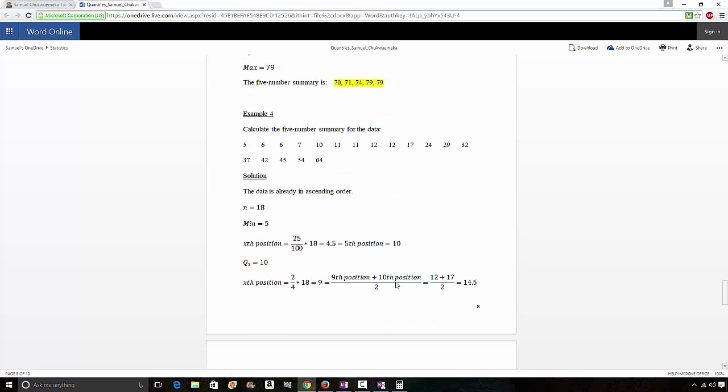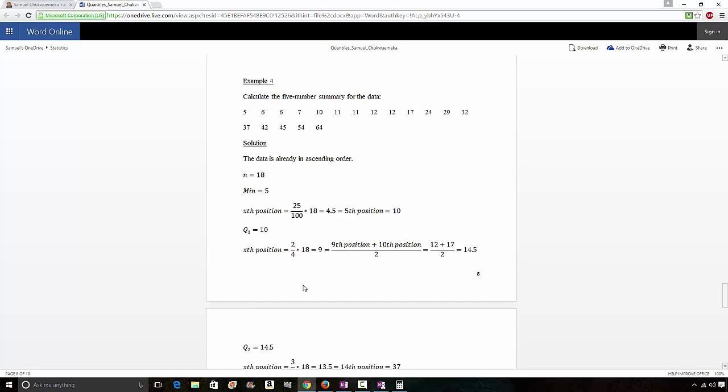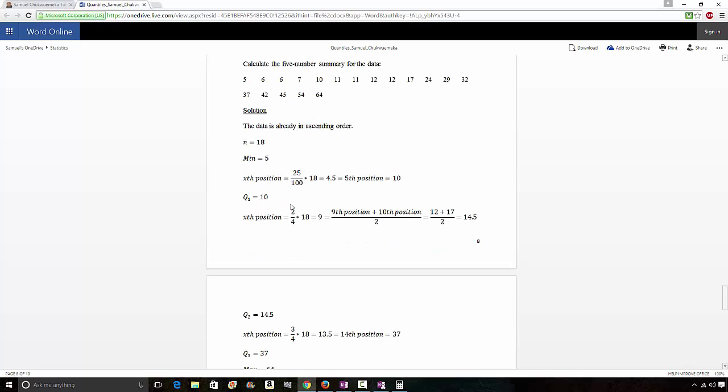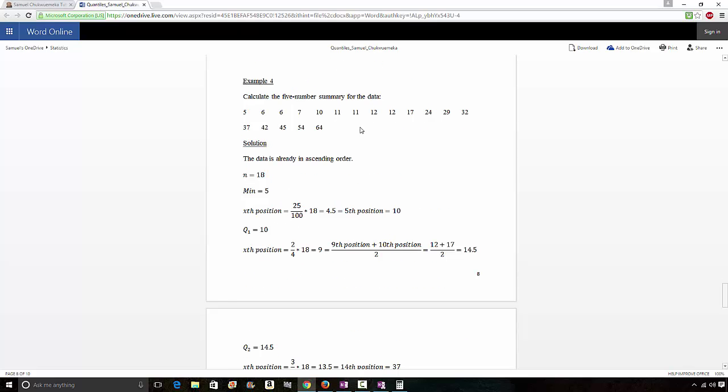In example 4, this one you round it up. Now for the median here, in example 1, you can use 2 over 4, which is the 2nd quartile. You can use 50 over 100, which is the 50th percentile.